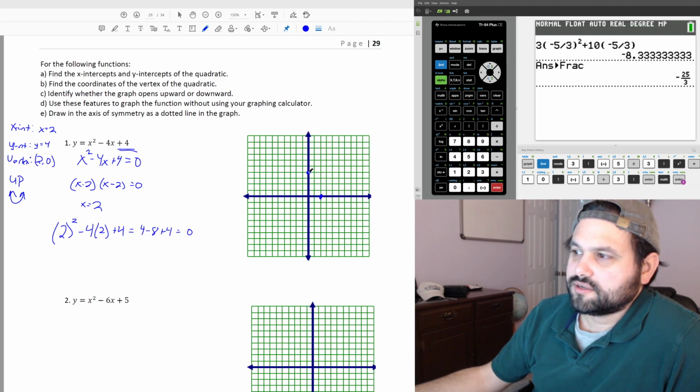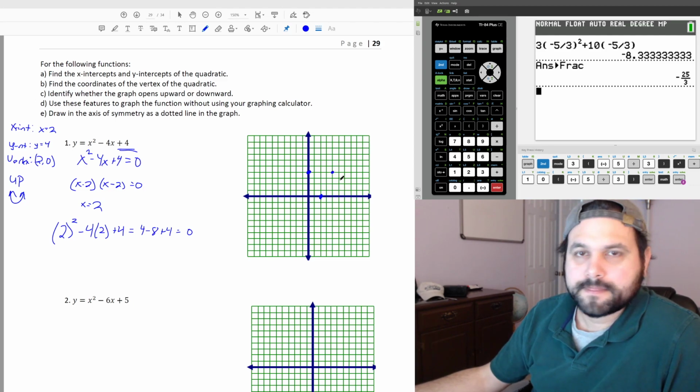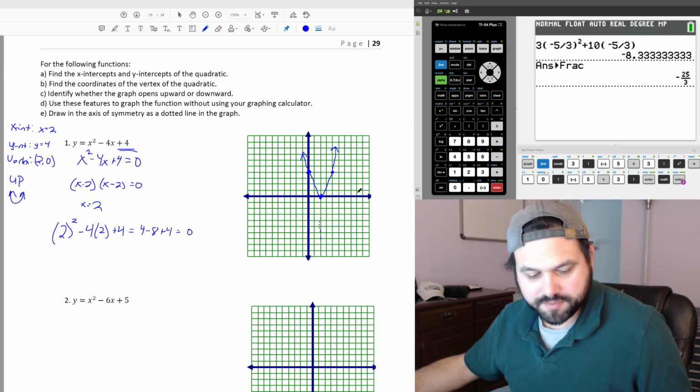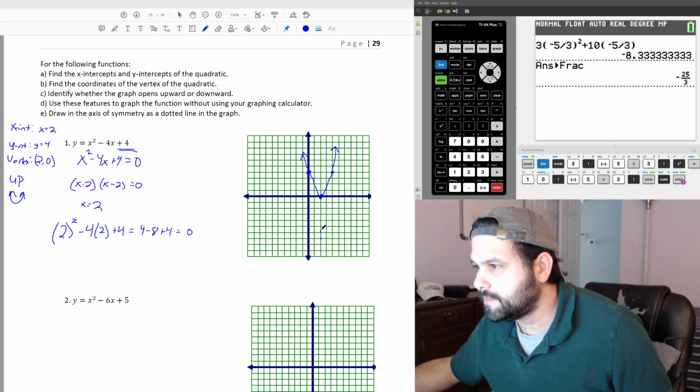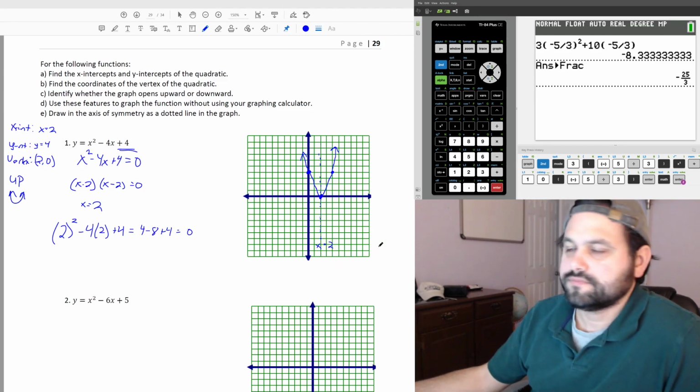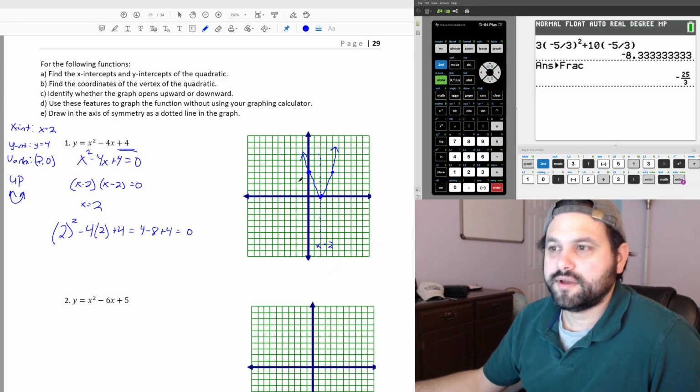So I'm going to go across to where this would be on the other side, right? And I'm going to get a little parabola that looks something like this. And I'm going to have my axis of symmetry here. Ooh, that was pretty bad. Let me see if I can do that a little bit better. Nope. The axis of symmetry goes right through the vertex. The axis of symmetry is x equals 2. Okay? And there we go. That's question 1.